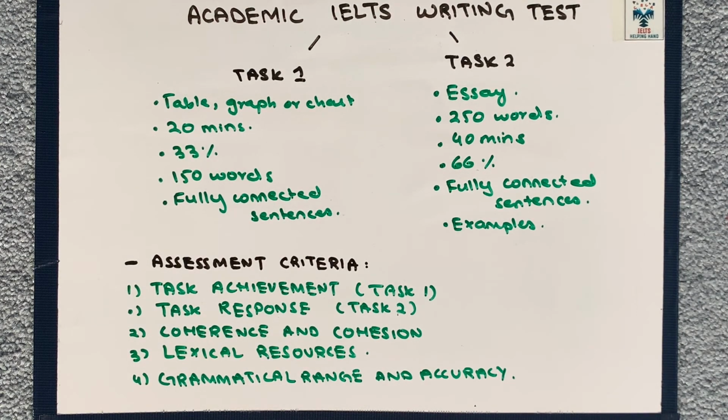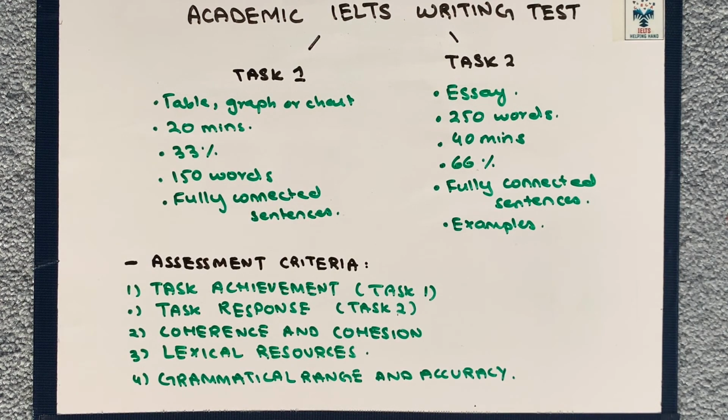Test takers are advised to spend no more than 20 minutes on Task 1. Task 1 contributes about 33% in your total score of writing. Your response should be 150 words long and should be in fully connected sentences. So please avoid bullet points.